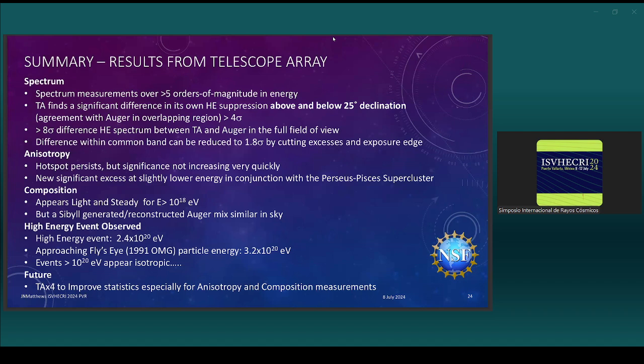Thanks a lot, John. From my side, I would like to sort this out for myself and also for the audience. So you have the joint working group, and if you could show the slide again. The joint working group with Xmax, the depth of shower maximum.